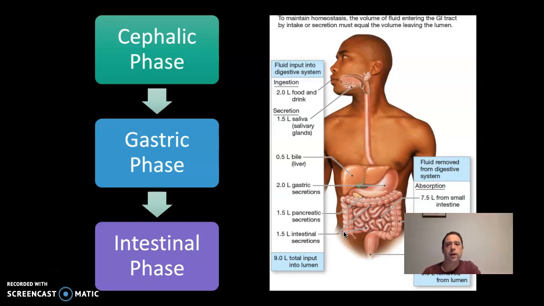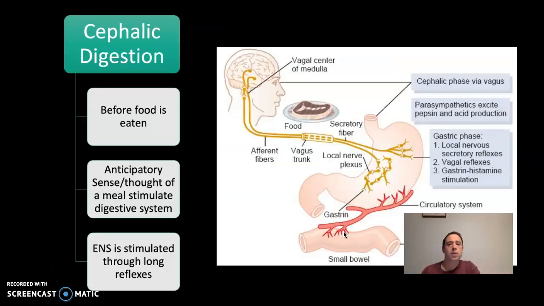Digestion can be divided into one of three phases: cephalic, gastric, and intestinal. Specifically discussed here will be the gastric phase of digestion because it is one of the most highly regulated. However, before we can talk about the gastric phase of digestion, we need to mention the cephalic phase, which is a period of digestion that occurs before food is even eaten.